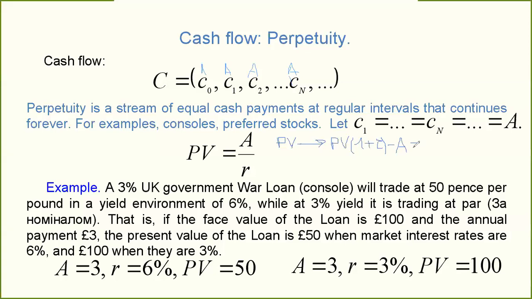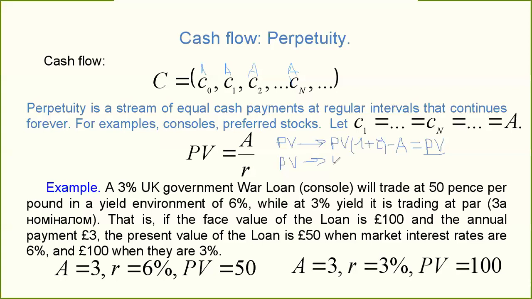and we need to get the same present value, because everything will repeat. At the end of the second year, it will be this present value.